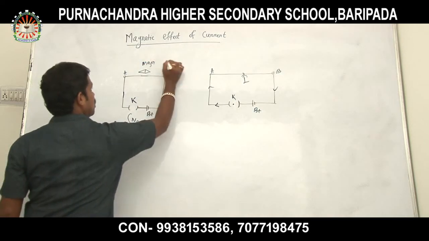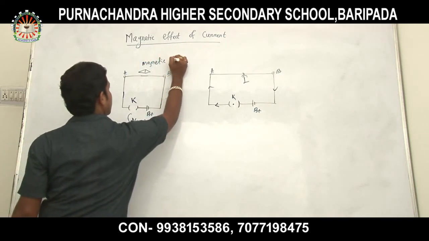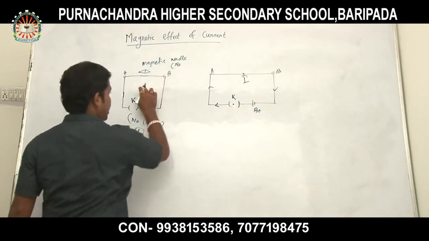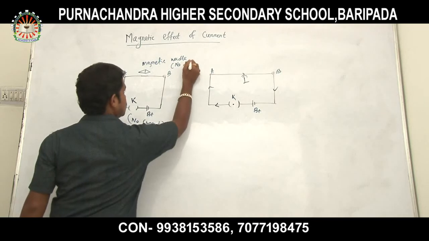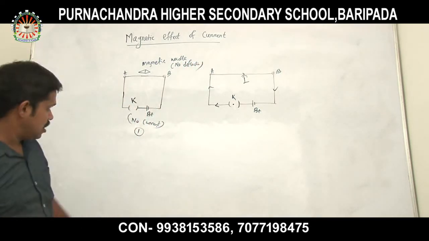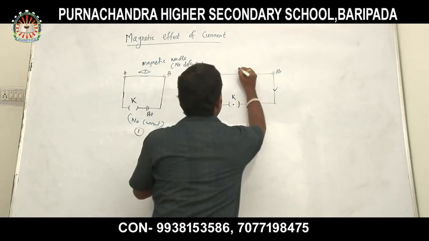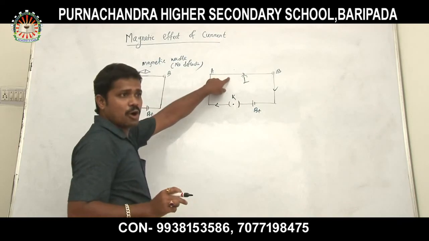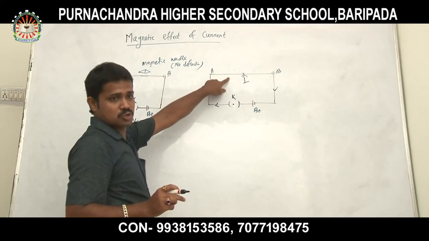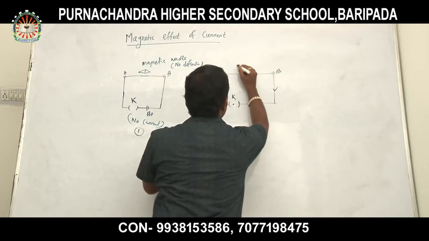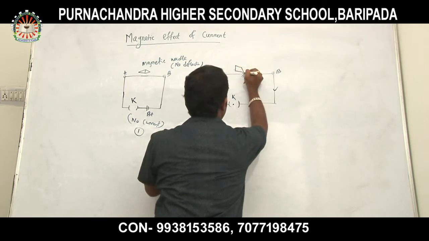As there is no current flowing in this circuit, there is no deflection in the first. But come to here, he observed that where there is a flow of current, there is a deflection in the magnetic needle.